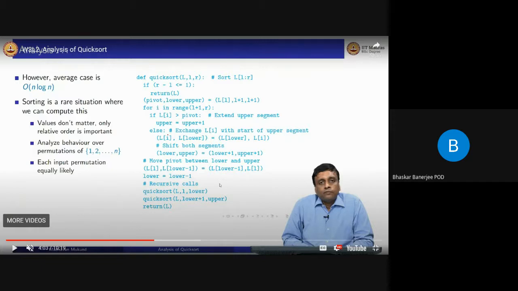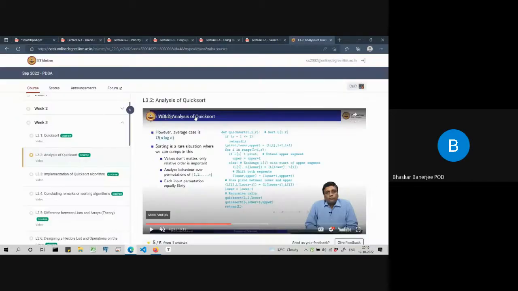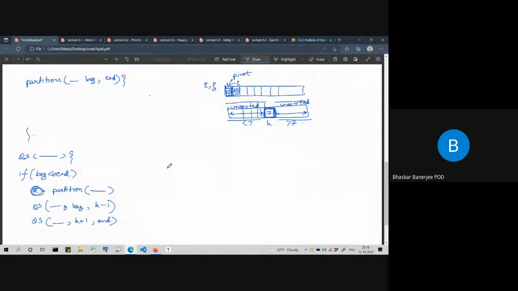And one problem is the corner case, so questions might come asking what would be the running time of quick sort when your input array is, let's say this, you have to sort it. Fine. Now you see that we actually use the pivot as the first element all the time, right?